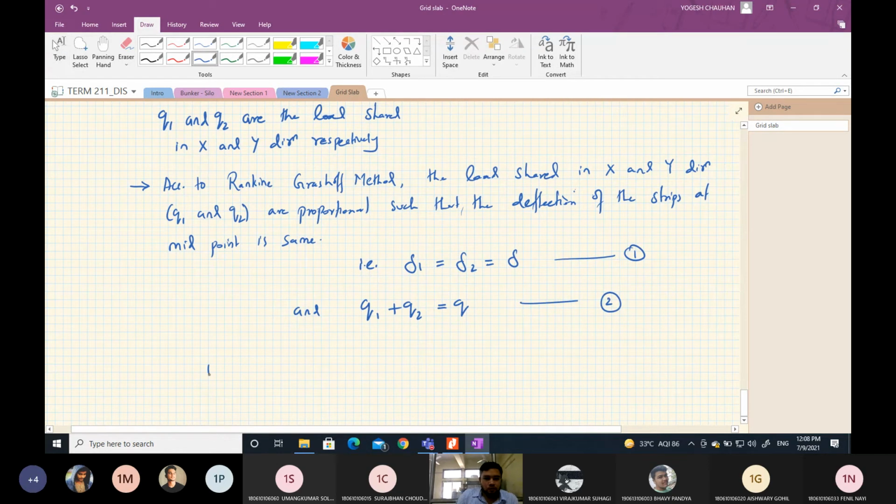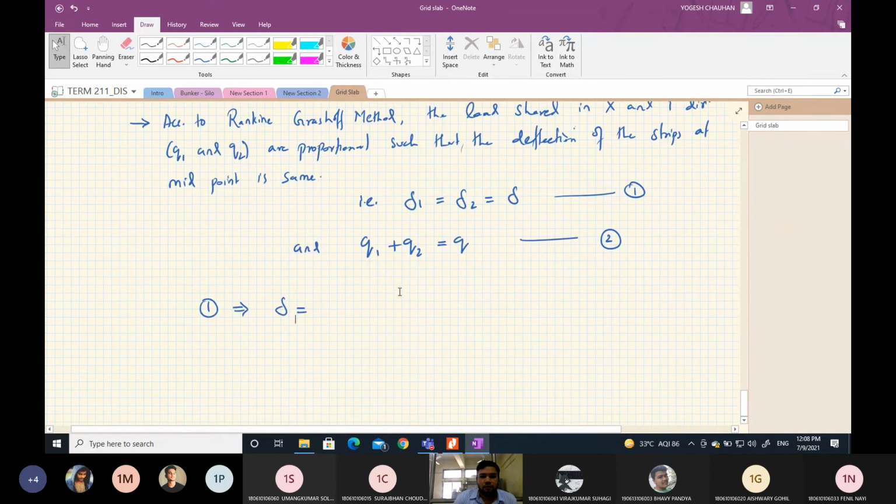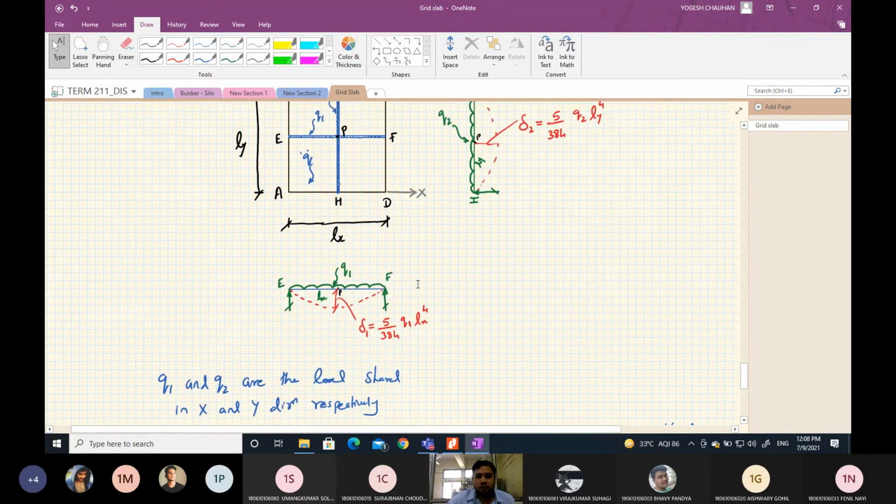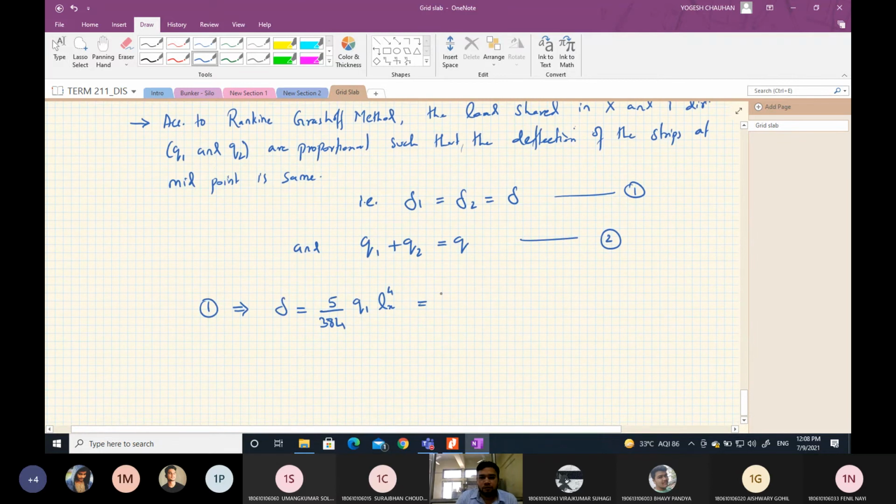So now from 1, delta should be equal to this value 5 by 384 Q1 Lx raised to 4 equals to this value 5 by 384 Q2 Ly raised to the 4. Now this gets cancelled.